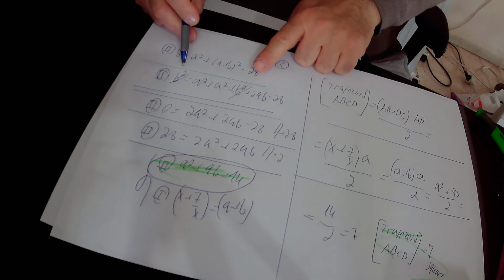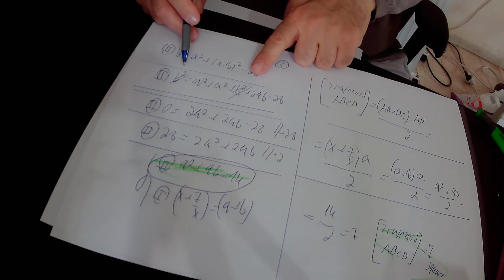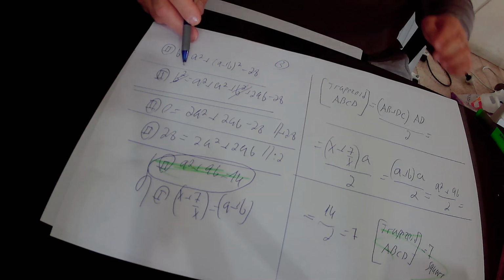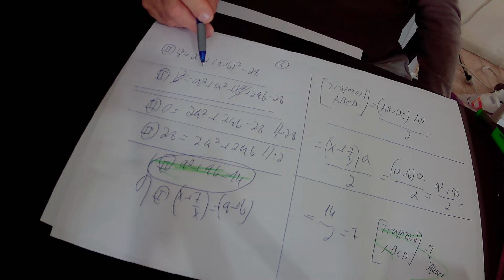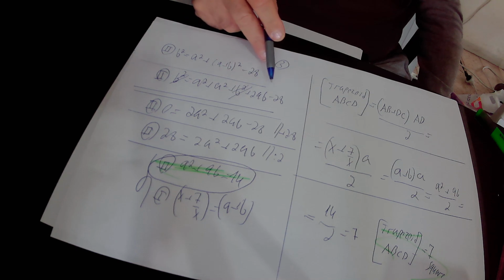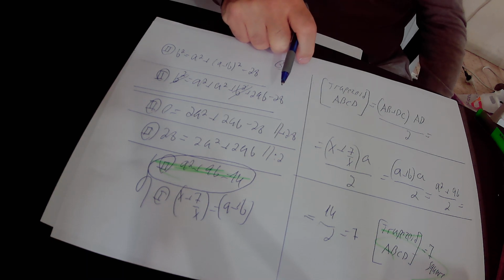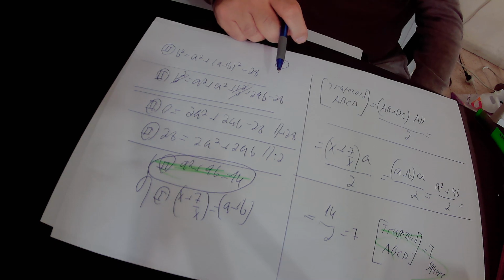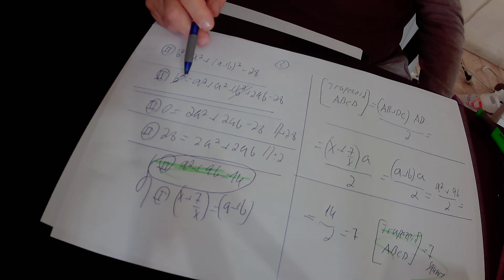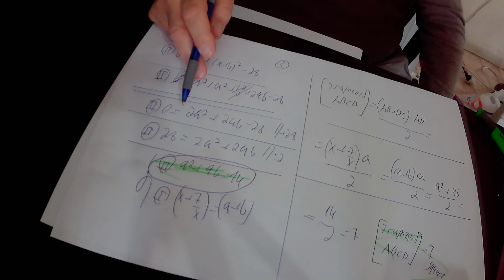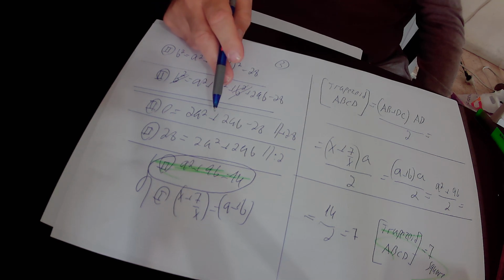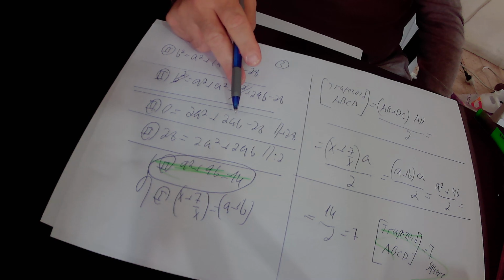Here we have b squared on both sides of the equation, so b squared gets cancelled, and on that side we are left with 0. On the other side we have a squared plus a squared, that is 2a squared, plus 2ab minus 28, equals 0. Here we added 28 to equation 2, and finally found that 0 plus 28 is 28, and it equals 2a squared plus 2ab.